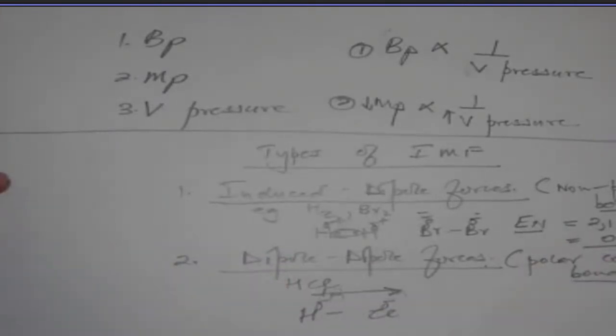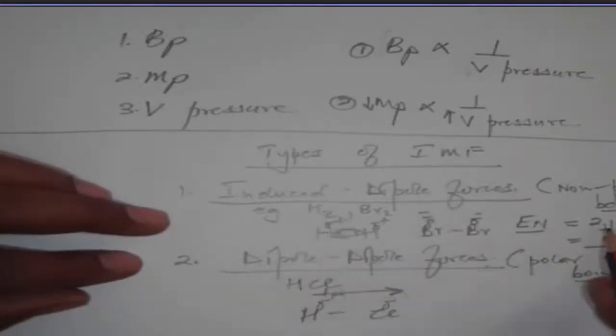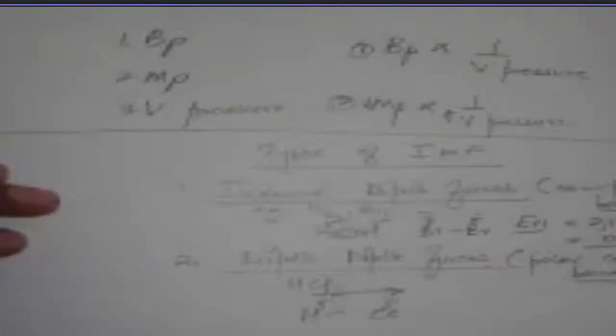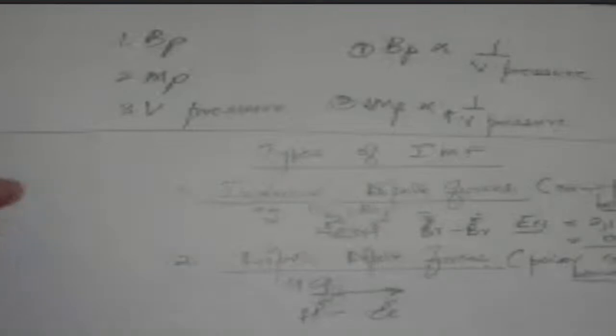So now, if the question is saying, use electronegativity to explain why this is a non-polar covalent bond, you go to the periodic table and you check the electronegativity for hydrogen. Hydrogen is 2.1.